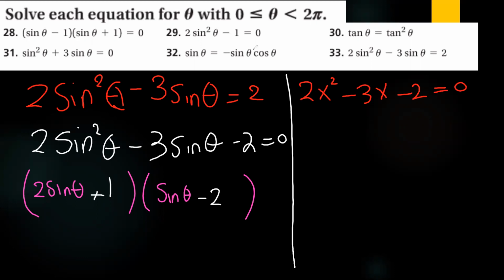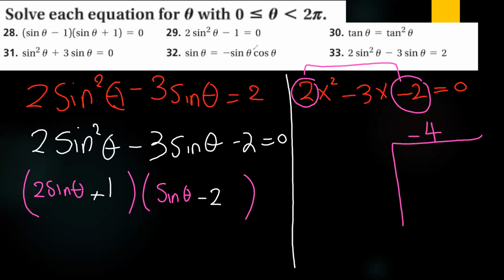Then you have to multiply c times a. Negative 2 times 2, which is negative 4. Then you have to write all the factors of negative 4, such that if you multiply them, you get negative 4, and if you add them, you get negative 3. What are these factors?